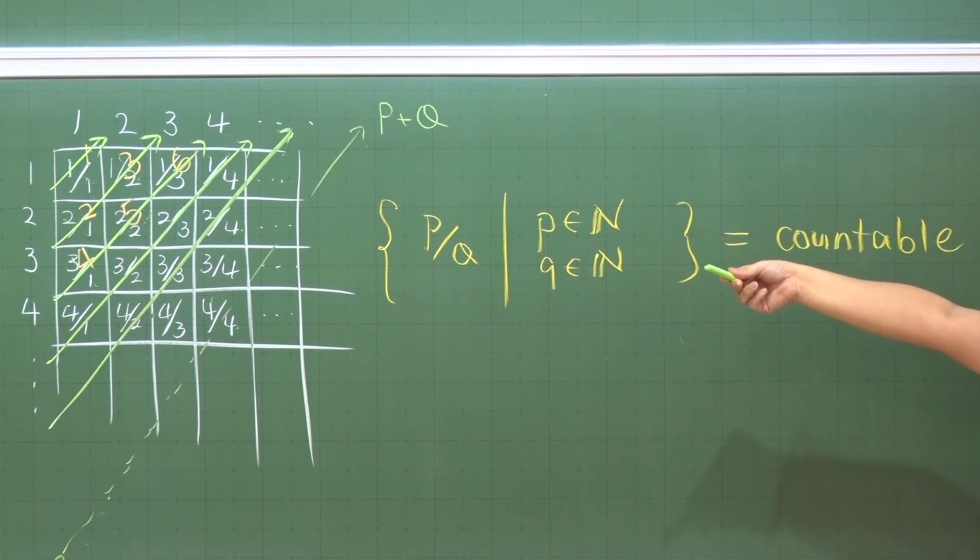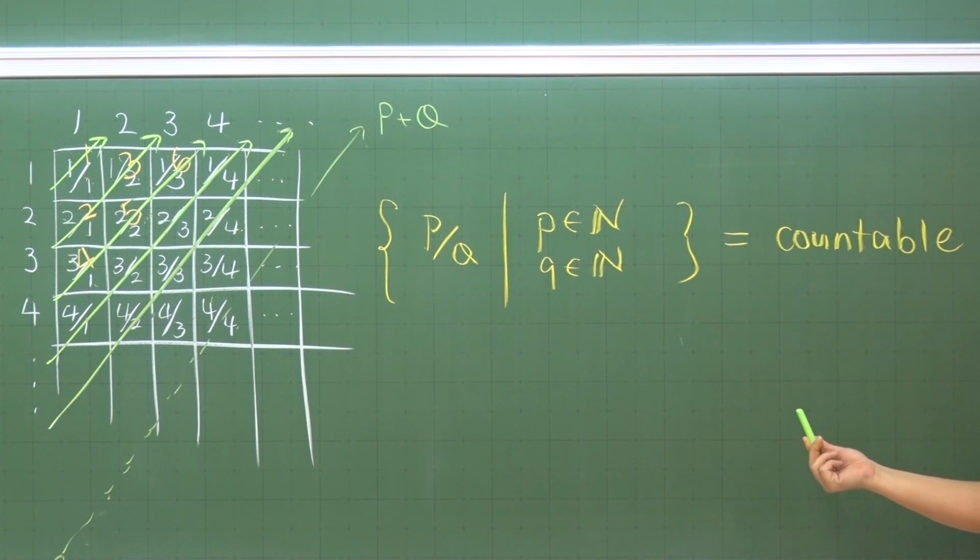At some point, I will be listing out P over Q. So this means that using this scheme, every item must be listed.